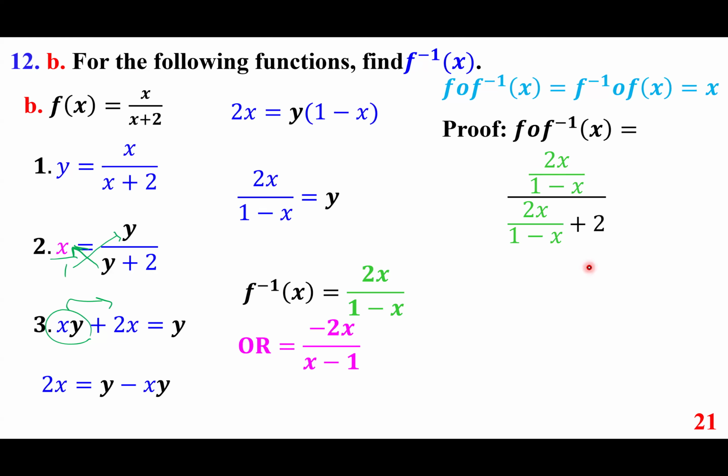We're dealing with a complex fraction. So you multiply the top and the bottom by the LCD, and there's only one denominator, 1 minus x. So let's multiply the top and the bottom by it. When you multiply the top, you are left with 2x and 2x only. When you multiply these two, again, you're left with 2x only. And then plus 2 times 1 minus x.